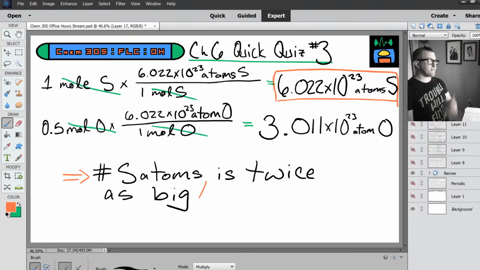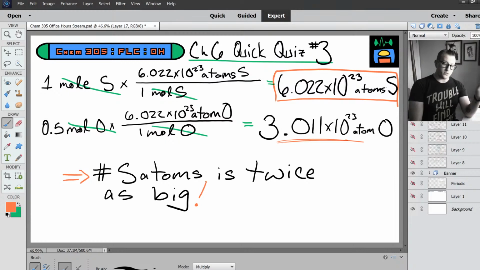All right, but another way of thinking about this, Susan, maybe from a more conceptual perspective, here's a mathematical thing. You can see 6.022 times 10 to the 23rd is double 3.011 times 10 to the 23rd. Another way of thinking of this is saying that 1 mole of sulfur atoms is twice as much as 1/2 mole of oxygen atoms is the same thing as saying 1 dozen donuts is twice as much as 6 donuts, right?